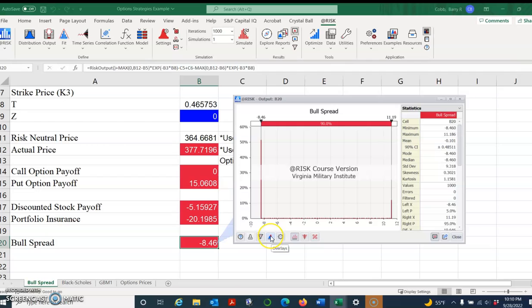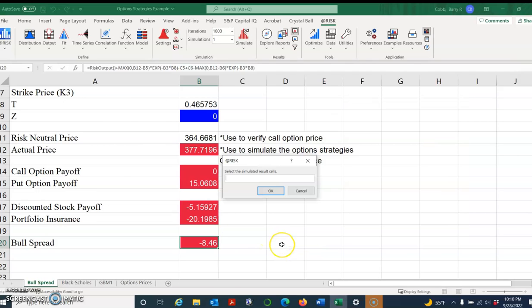So let's create an overlay. And the two things that we're going to overlay are the actual price of the SPY and the bull spread payoff.